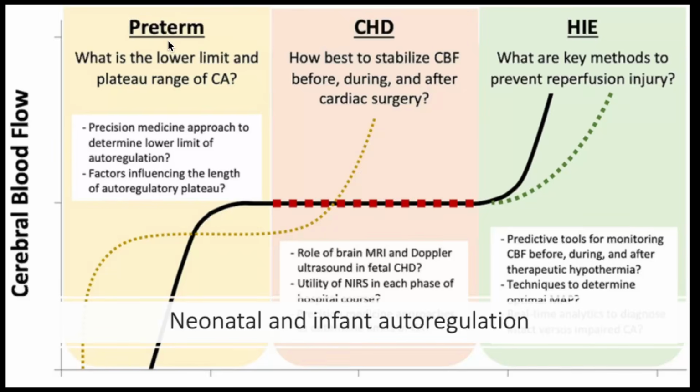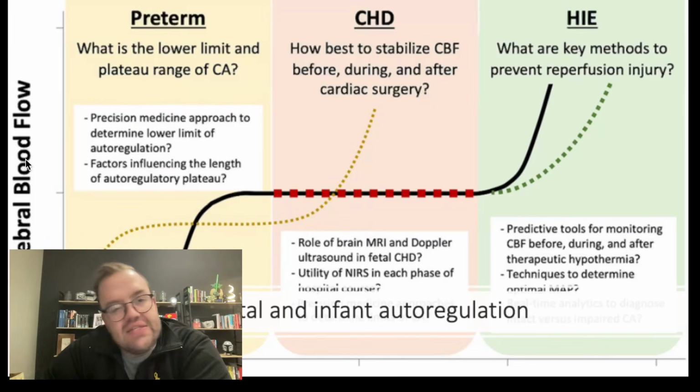So what's important for us to understand when it comes to neonatal and infant autoregulation is that neonates have got significantly impaired autoregulation. And in reality, neonates can probably only autoregulate their blood flow at a mean arterial pressure of around 30 to 40 millimeters of mercury.